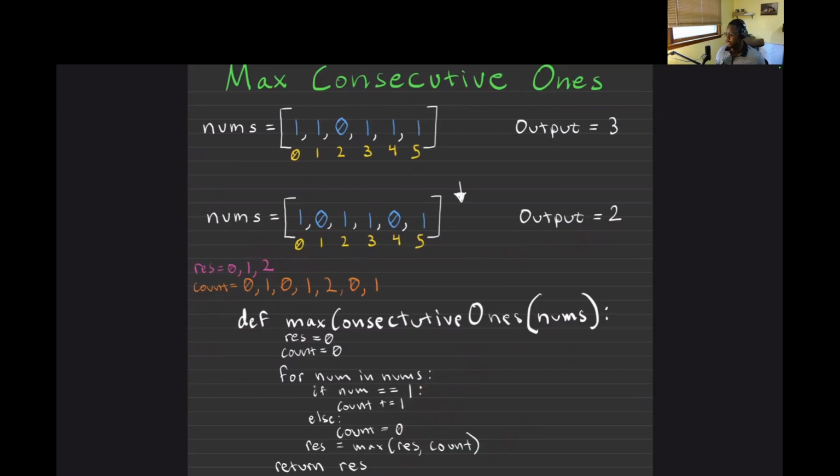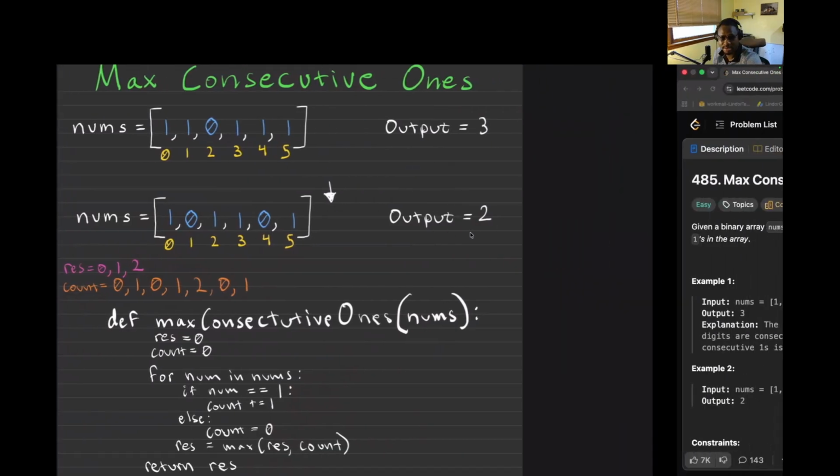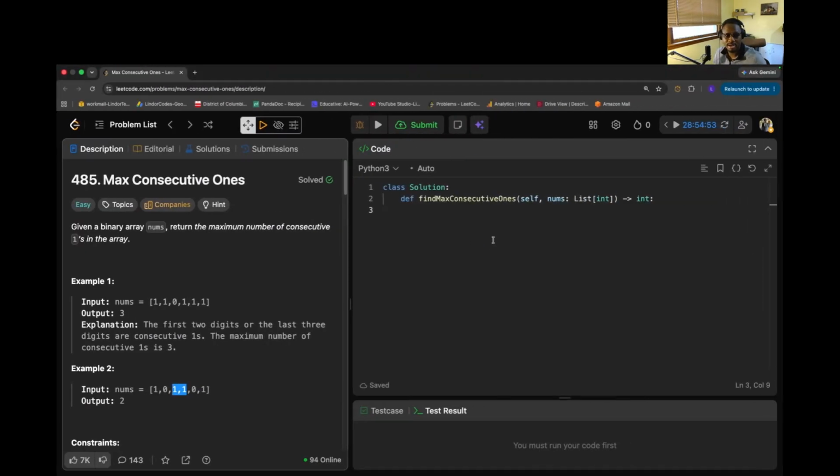All right, let's go ahead and quickly navigate to LeetCode, and let's write our solution. Okay, so first and foremost, like I mentioned, we need a res variable equal to 0. We need a count variable equal to 0. And then a normal for loop. So for num in nums, if num is equal to a 1, we say count plus equals 1.